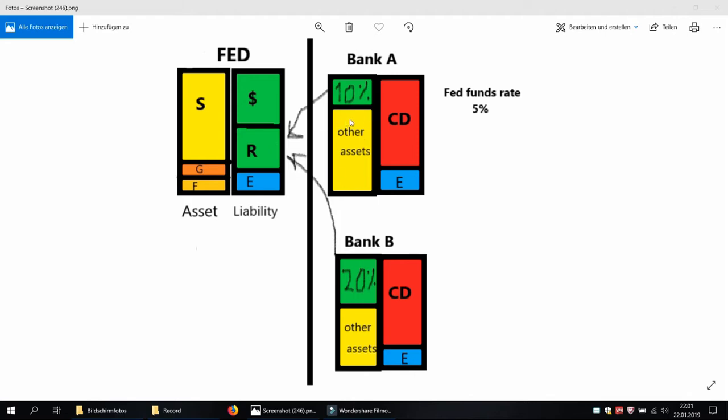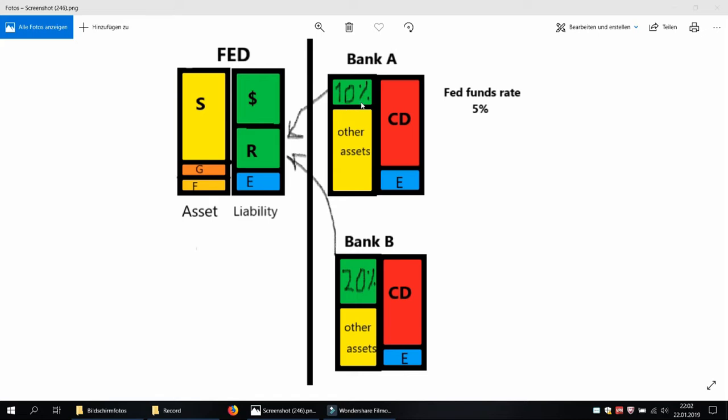Other assets could be, for example, securities or buildings or whatever. I didn't list them here because I wanted to make it as simple as possible. Their liabilities are customer deposits, and the other liabilities I also didn't list because I want to make it simple. And in our example, Bank A has a 10% reserve ratio.